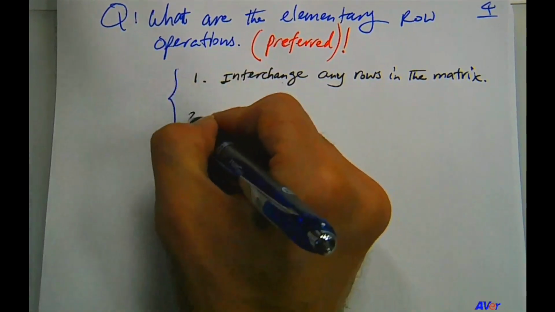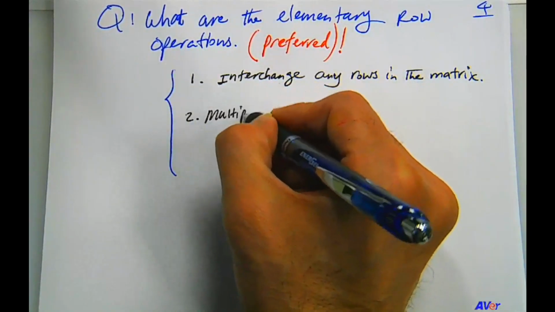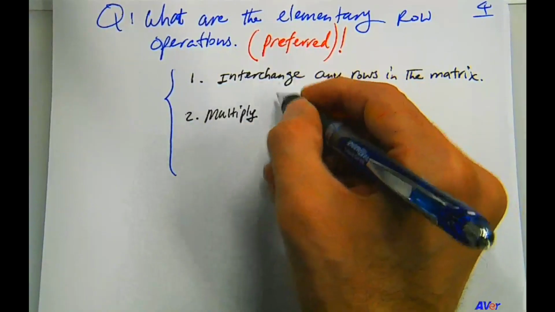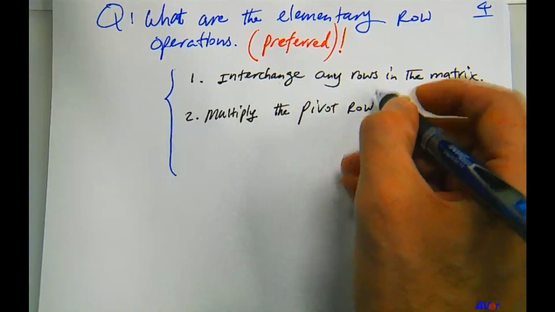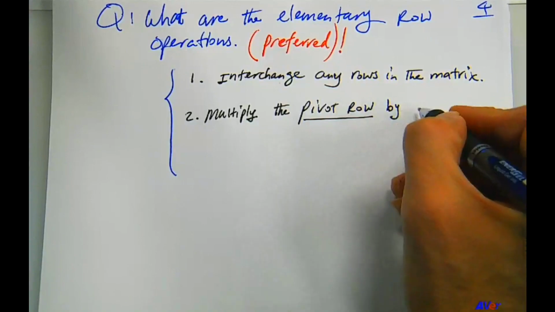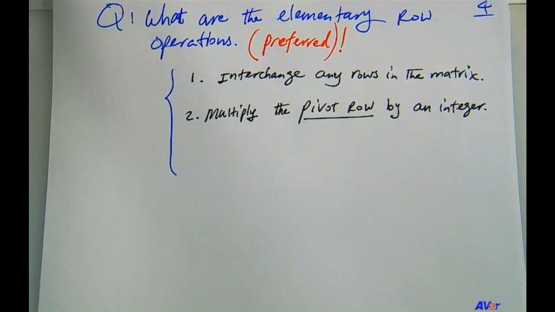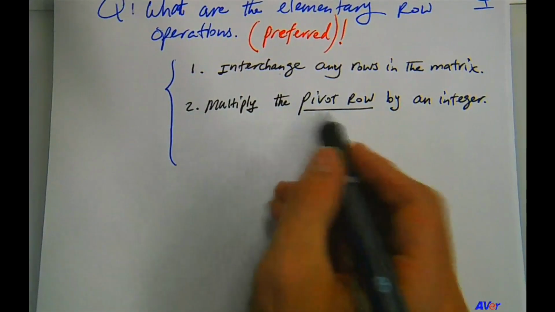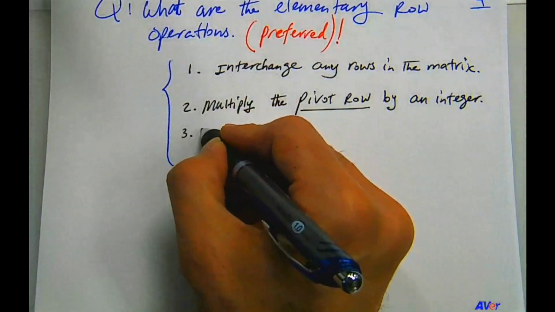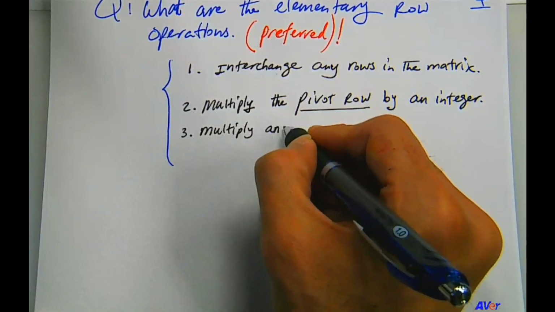The other one is we can multiply the pivot row, and we'll talk about what this pivot row is, by an integer. We can do that, and we will get to why this is a necessary operation sometimes.